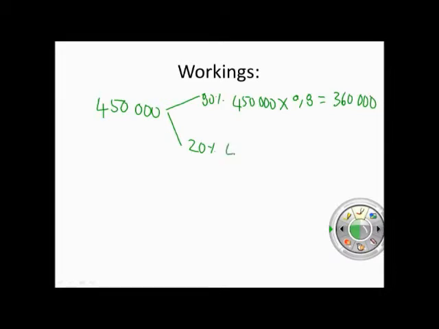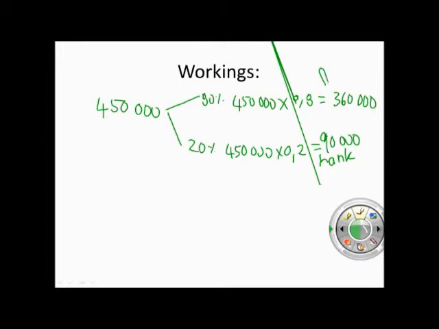If we say 450,000 times 20%, or 0.2, it gives us 90,000. So 90,000 would have come out of our bank account, whereas the 360,000 Rand would affect what we call our accounts payable or creditors, because it is on credit. So now we're going to transfer that knowledge onto the accounting equation.